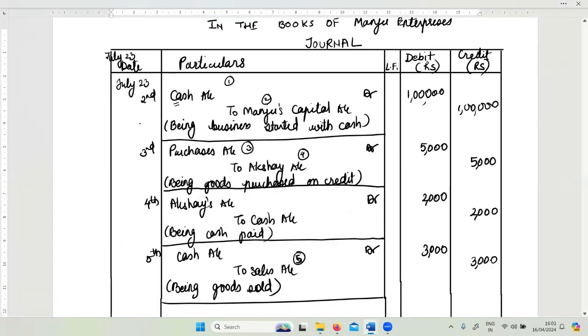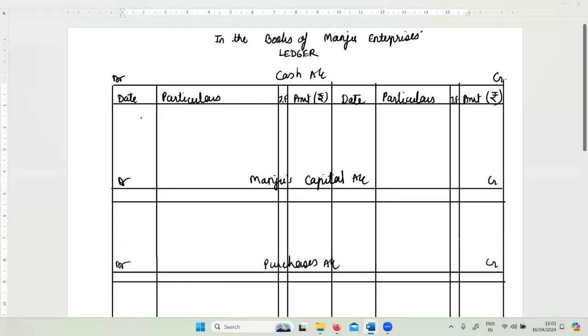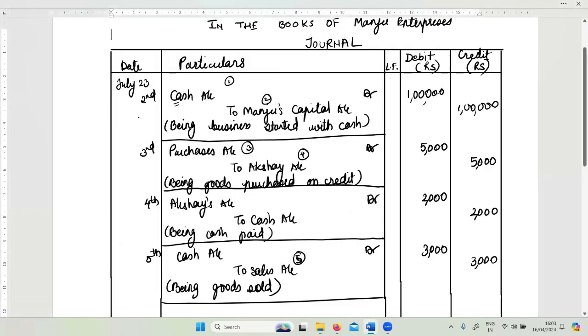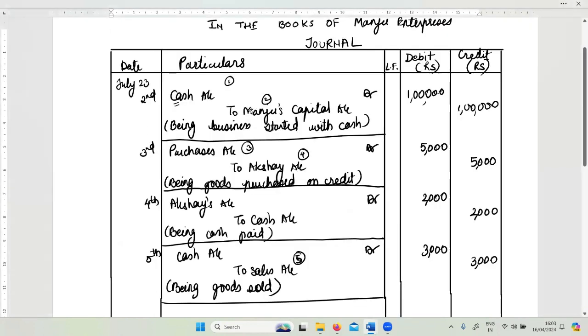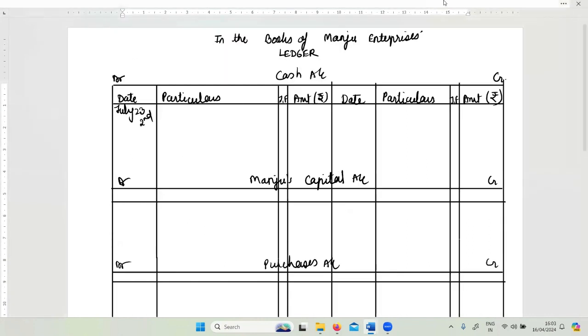This is on 2nd of July, I'm writing cash account, right? So in cash account debit side, remaining part of the transaction is to capital account, right? And it's Manju's capital account, I think.